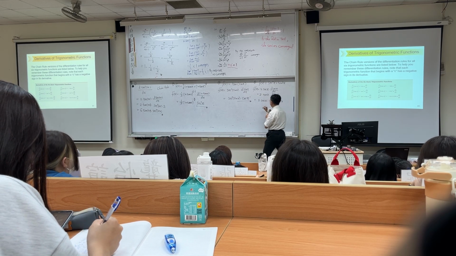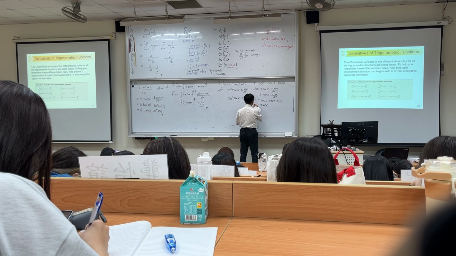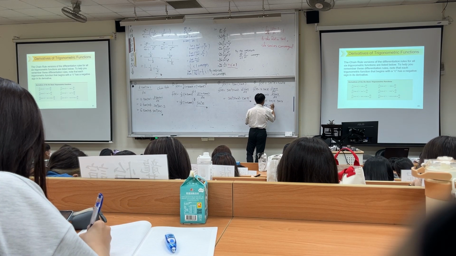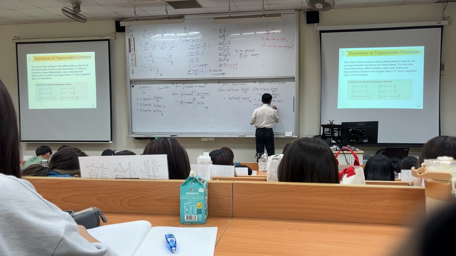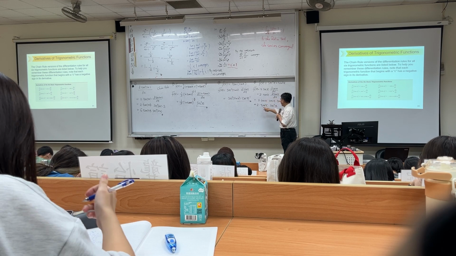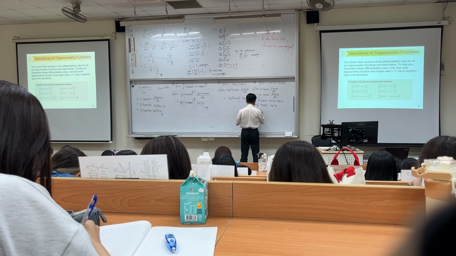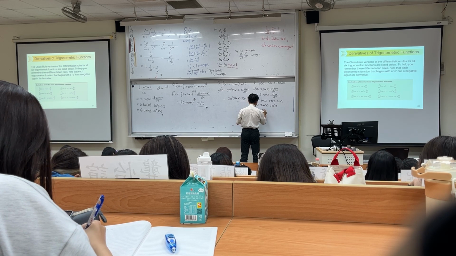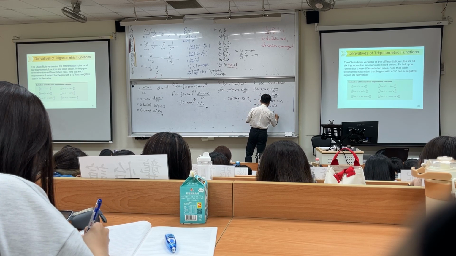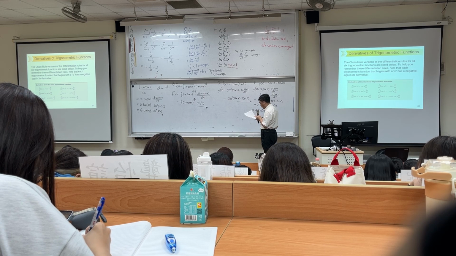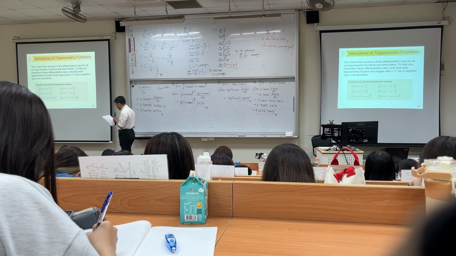And here will be plus 2 times tangent x, and the derivative of tangent is secant squared. So here I can put it together: 4 times secant squared x tangent x. Okay. Question?